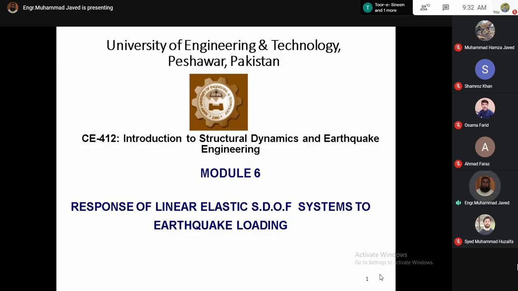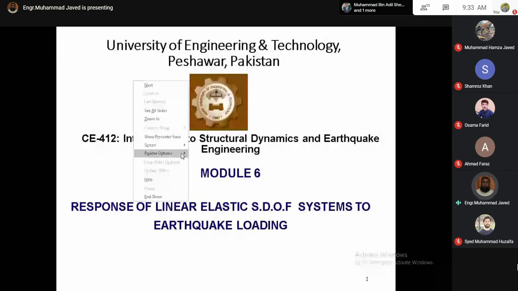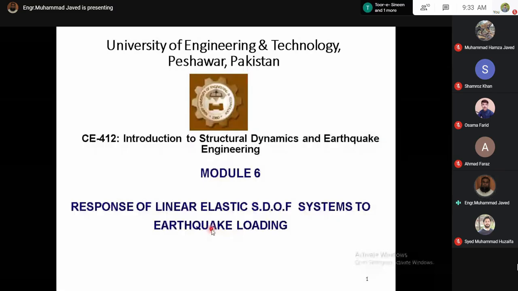In this module, we will discuss the response of linear elastic single degree of freedom system when these are subjected to earthquake loading. As all of you know, an elastic system is one which comes back to its original position when the action is removed, and linear elastic is one in which the force and displacement vary linearly.